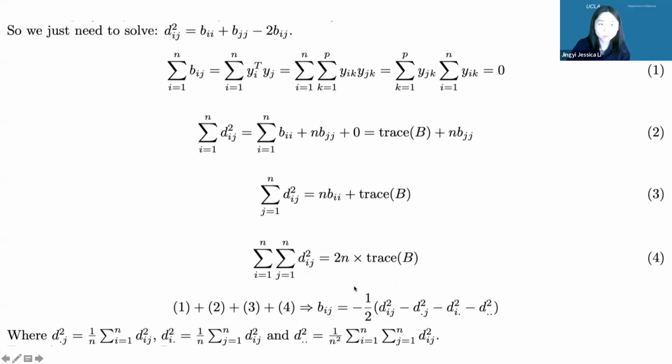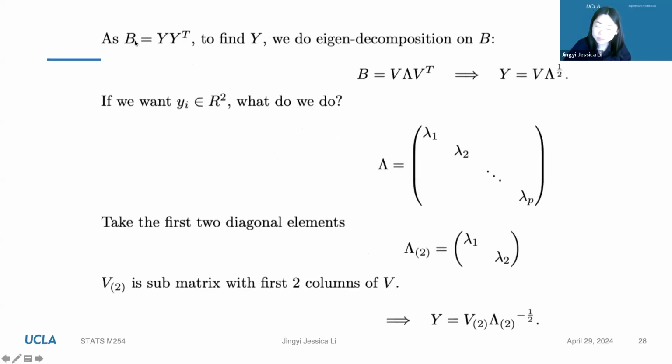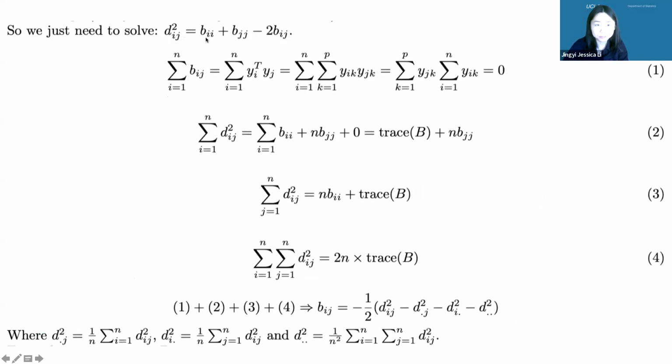But then with a gram matrix, because B is defined as Y transpose, to find Y, we just do eigen decomposition, which is very nice. So for now, B is not necessarily low rank, because if we set this equation to be exactly equal, right?